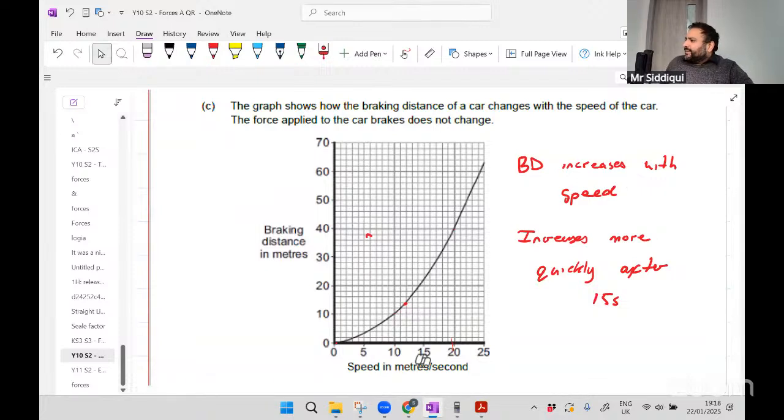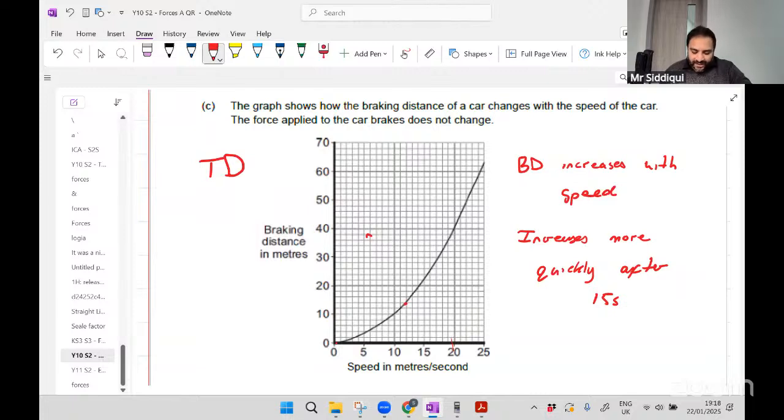We'll check if I'm missing any questions. How can the car being driven faster affect your reaction time? Good question. The answer is the car being driven faster does not affect your reaction time. But what it does affect is your thinking distance. This is a common confusion: your thinking distance is not the same as your reaction time. They are two different things.